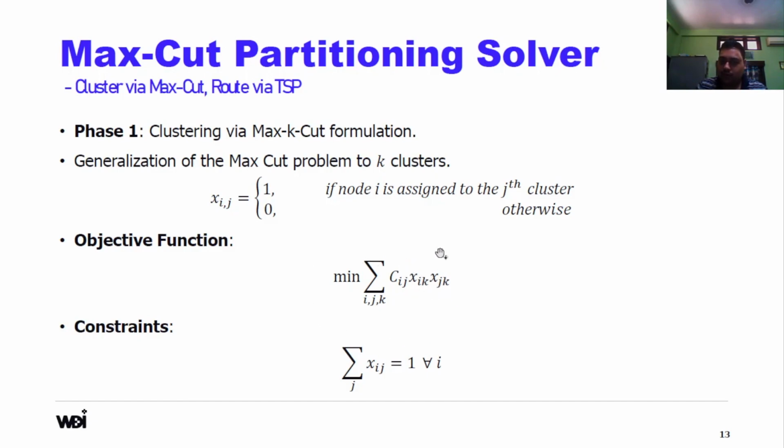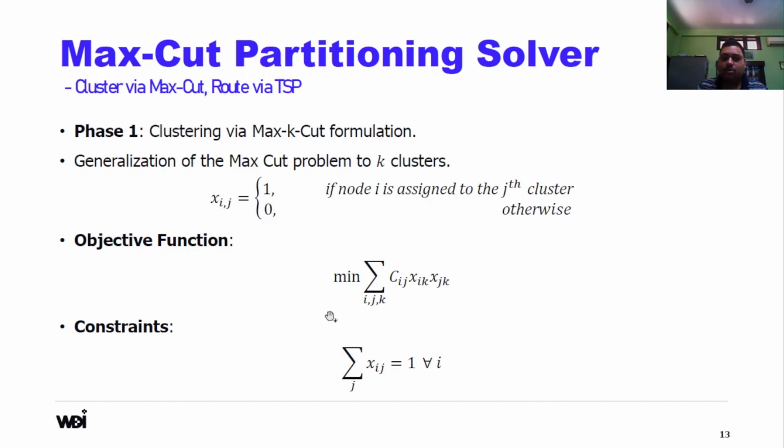That is, we are ensuring that the clusters are separated as far apart from each other as possible in terms of the cost function Cij. And that is how you would derive, or at least motivate, how this objective function comes about.